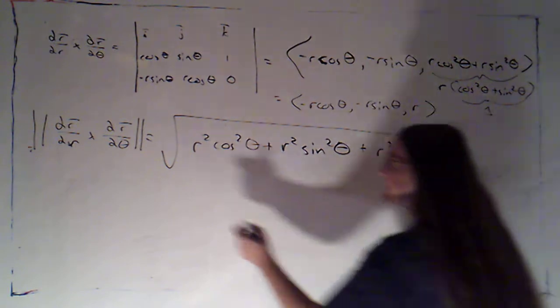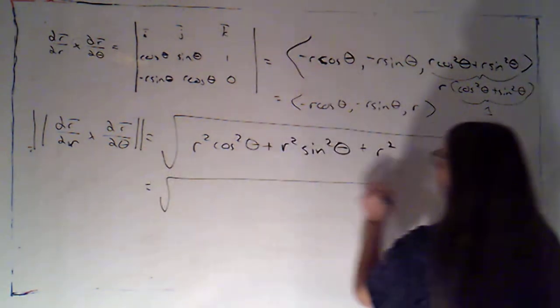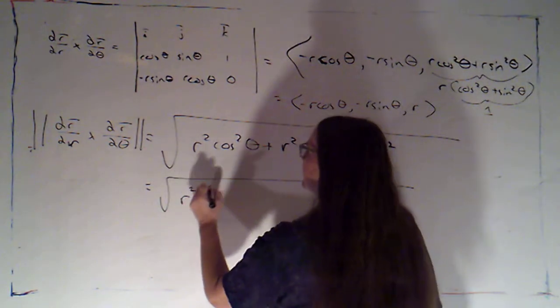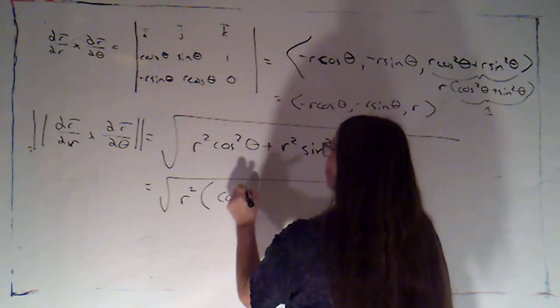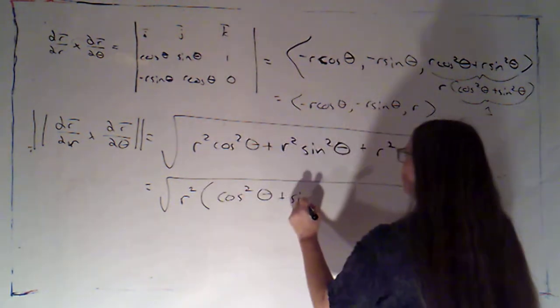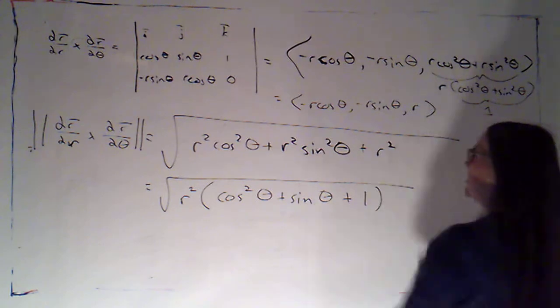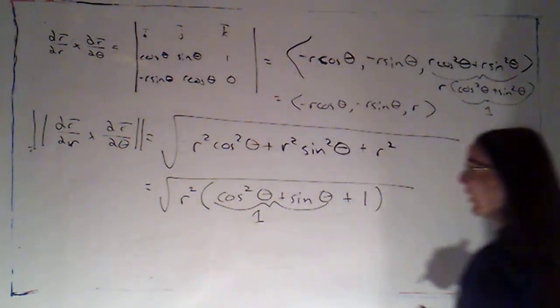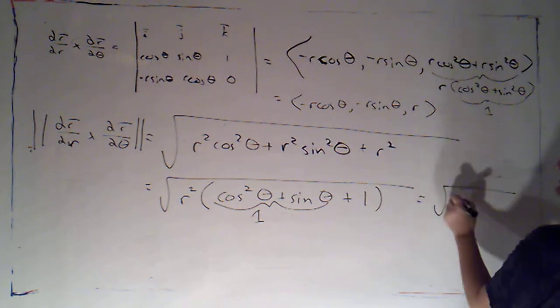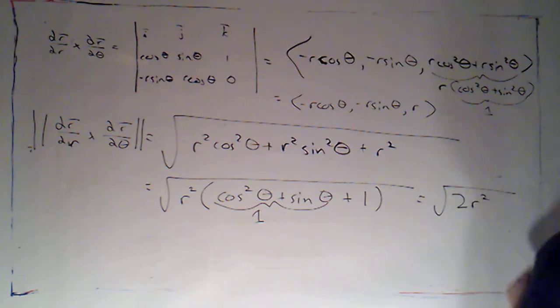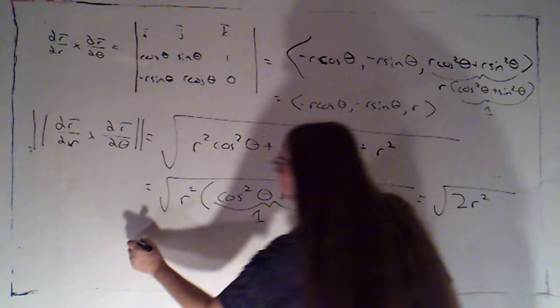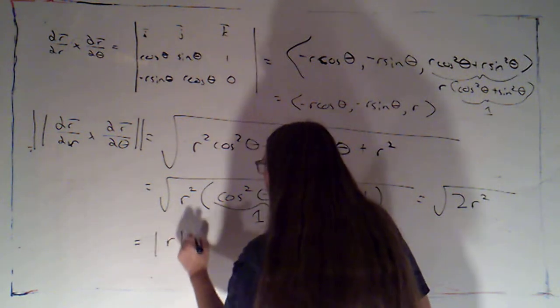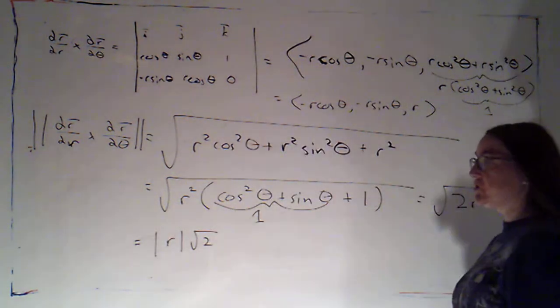So I can factor out an r squared from all three terms. That's going to give me r squared times cosine squared theta plus sine squared theta plus 1. This, of course, is just 1. So I'm getting the square root of 2r squared. So that's going to be the absolute value of r times the square root of 2.